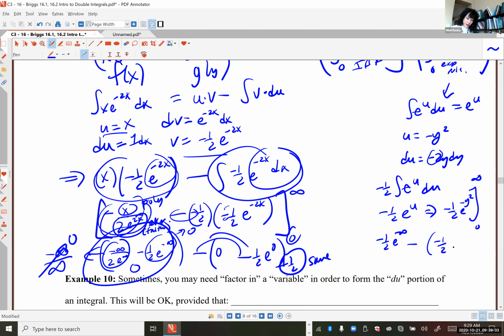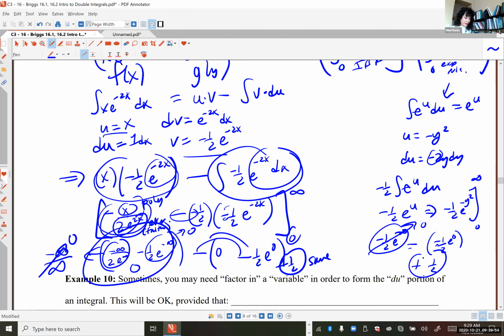So I'm going to plug in 0 here, negative a half e to the 0. But this goes to 0, and the minus minus is a plus, right? I'm just looking here to see if I did something wrong. Oh, yeah, I know what. I didn't. So this is also looking like it's going to be a half.